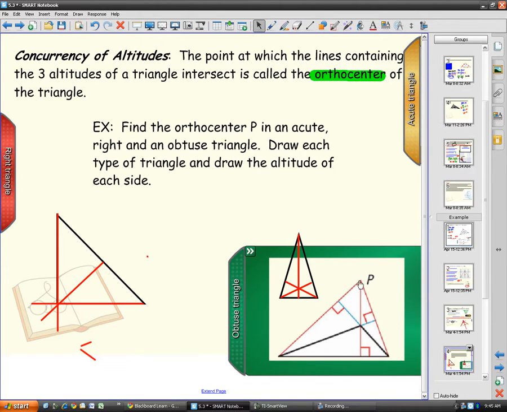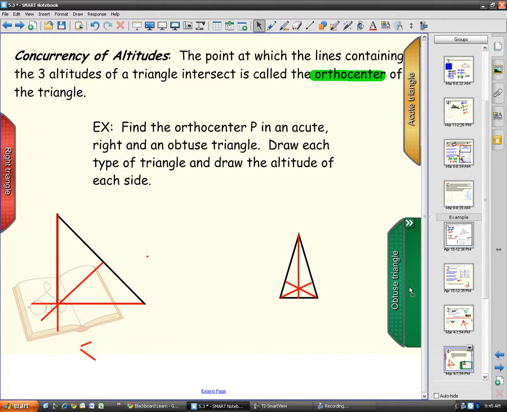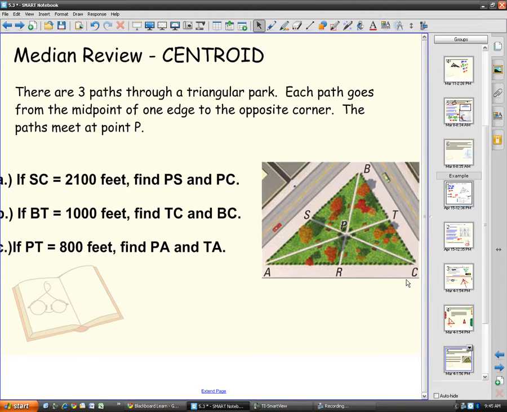So moving along here, so this is the median review, centroid again. If SC is 210 feet, what is the length of PS and PC? So SC all the way across is 210. What is the length of SP and PC? Well, this is the 2/3, 1/3.